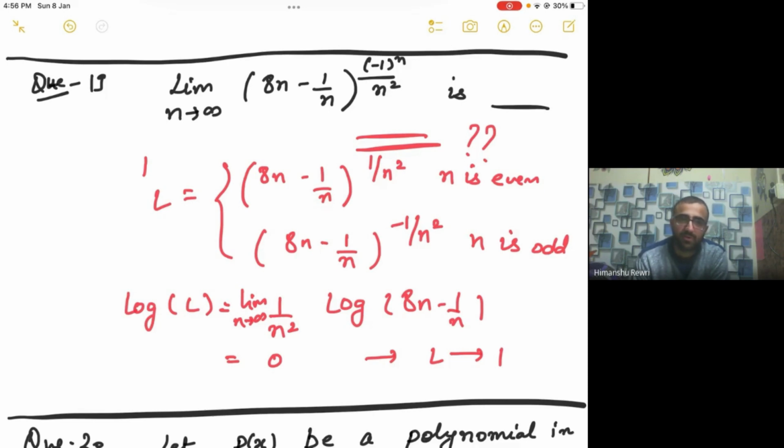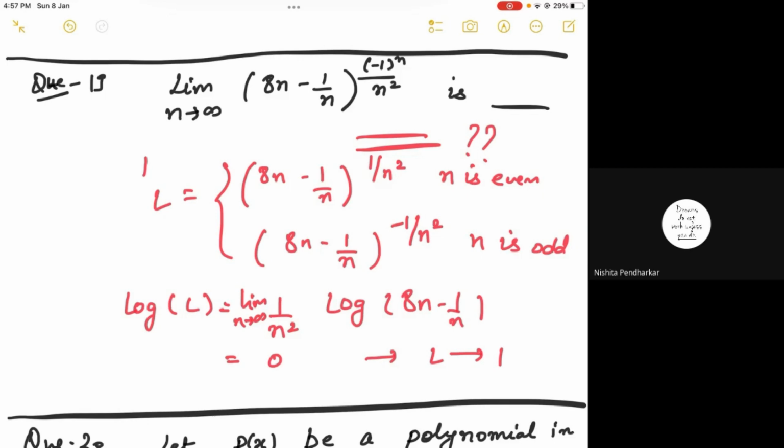So is there any other way of doing this? Sir, can we do it like this: 8n minus 1 upon n raised to minus 1 raised to n upon n squared, and in the power we have minus 1 raised to n upon n squared, and we directly put n squared tending to infinity, so the whole power will be 0 and anything to the power 0 is 1.